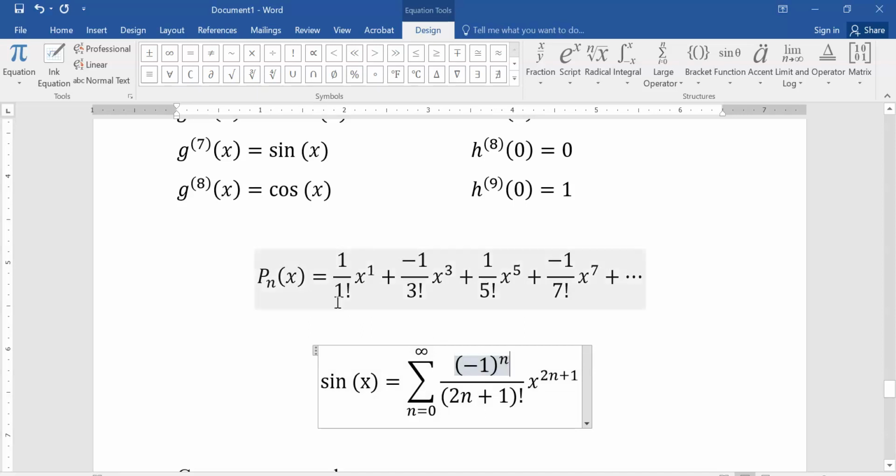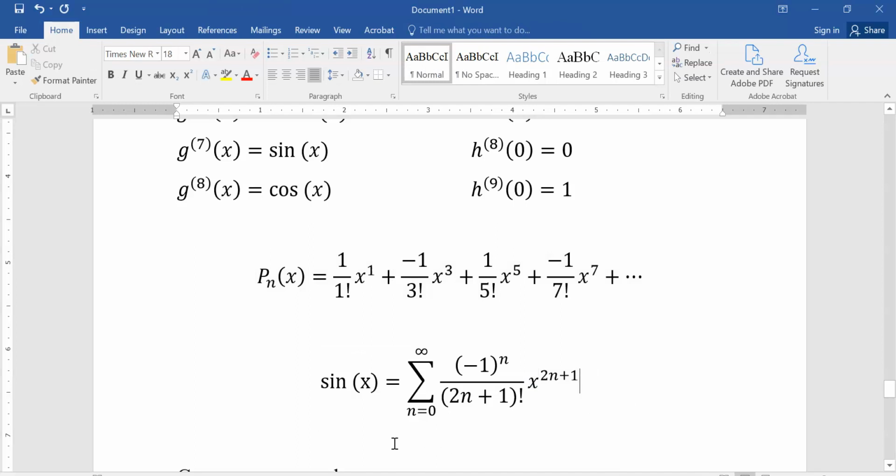In the denominator, instead of doing an even number always, we're going to do an odd number. That odd number is going to be 2n plus 1. So we're going to get 2n plus 1 factorial in the denominator. So that's going to give us odd factorials in the denominator. And then x to the 2n plus 1 power. And that's going to give us those odd powers here.